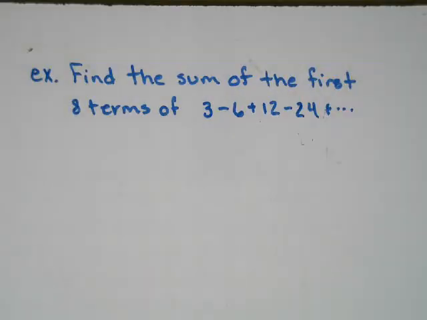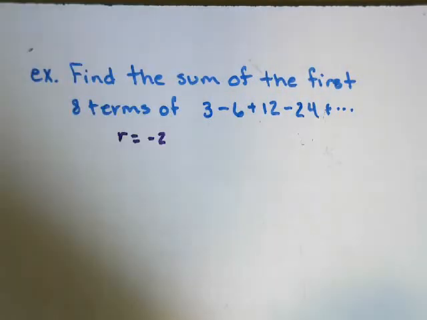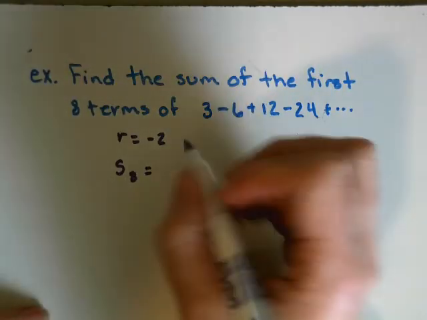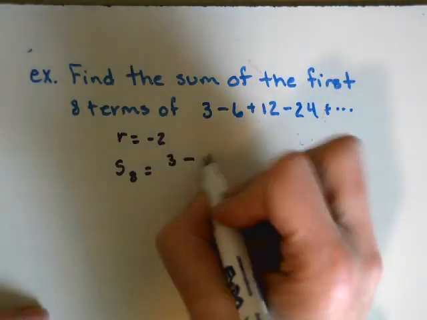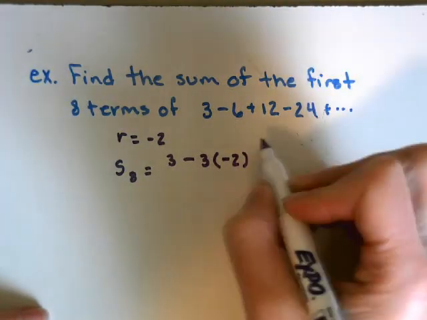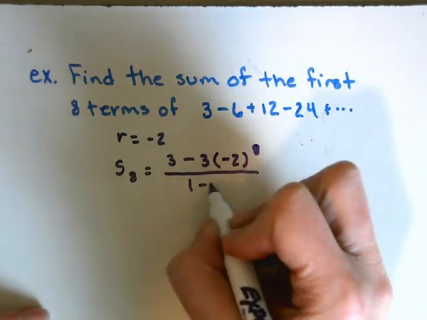Okay, so our last example here: find the sum of the first 8 terms of 3 minus 6 plus 12 minus 24, and so on. So my r is -2. So S8 is going to equal a1 minus a1 r to the n, which will be 8, over 1 minus -2.